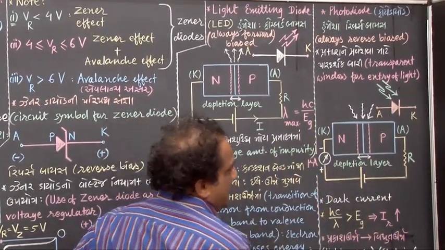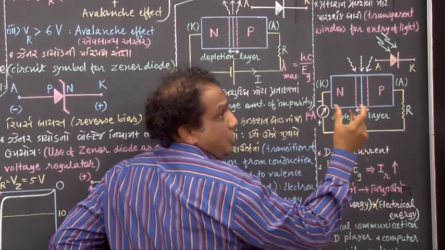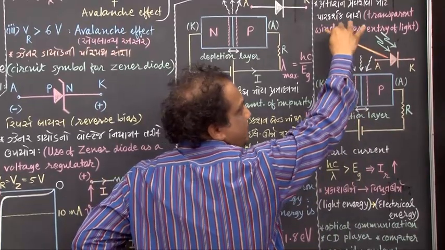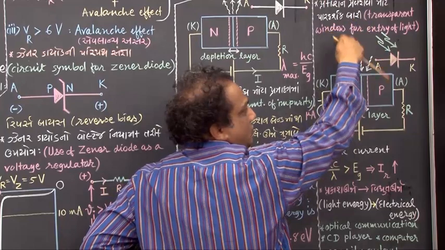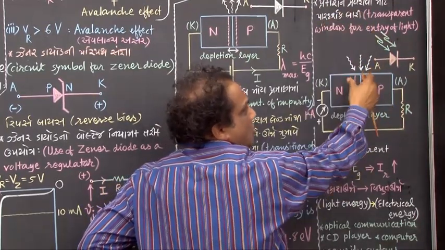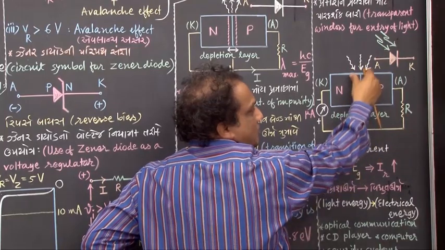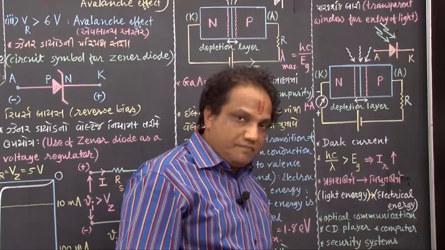Fine. Now here what we do, we keep a transparent window on which we make the light incident. When you make light incident on that transparent window, that light falls on the depletion layer. Now what will happen? Tell me.